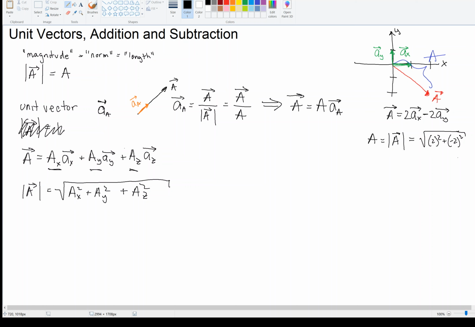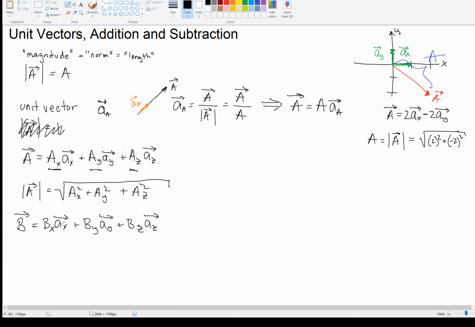Okay, now let's talk about how we can add and subtract vectors. So first of all, let's do addition. So let's say that I have a vector A, as I've specified up here already, and then let's say I have another vector b with components Bx plus By plus Bz. Now, let me pause for a second. You might ask, why am I using a x, a y, a z here for b?